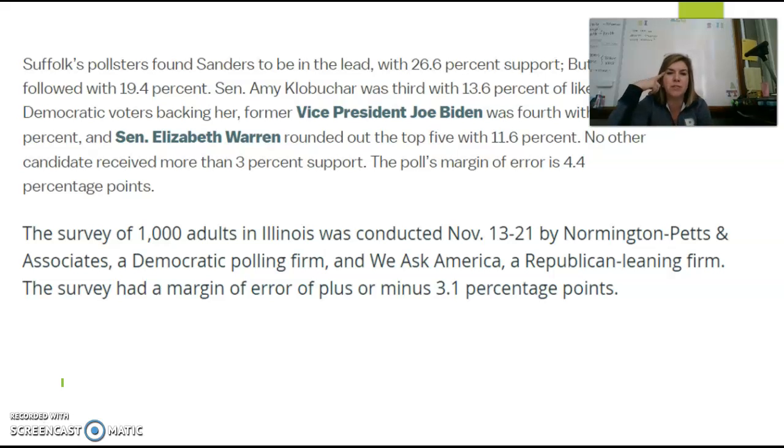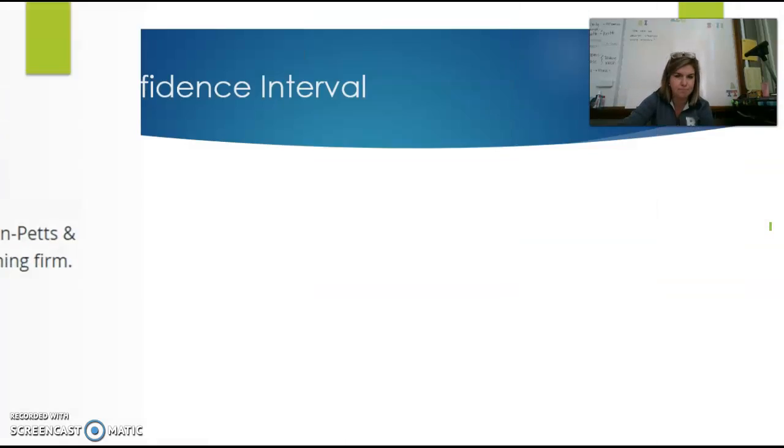In the first one, we talk about Bernie Sanders being in the lead, followed by Pete Buttigieg, Amy Klobuchar, and then Biden and Warren, and we can see that the poll's margin of error here was 4.4 percentage points. Sometimes when we see these margins of error, you could have a certain proportion, and then the margin of error makes something else true. So just things to keep in mind, trying to make you guys savvy citizens.